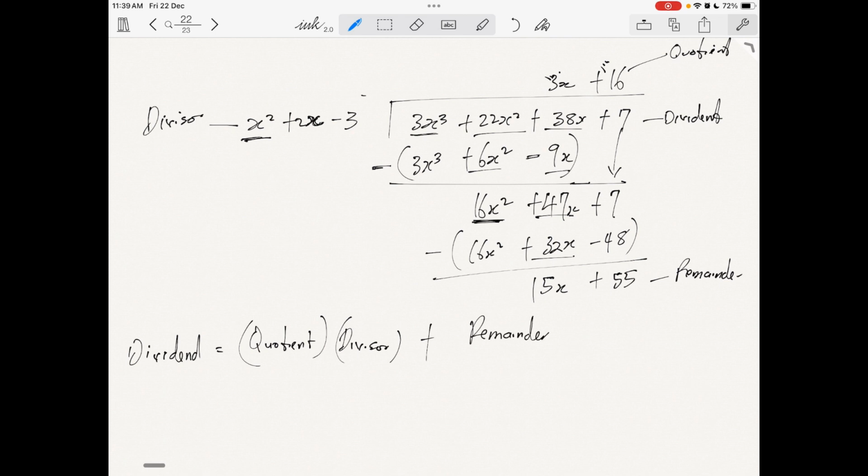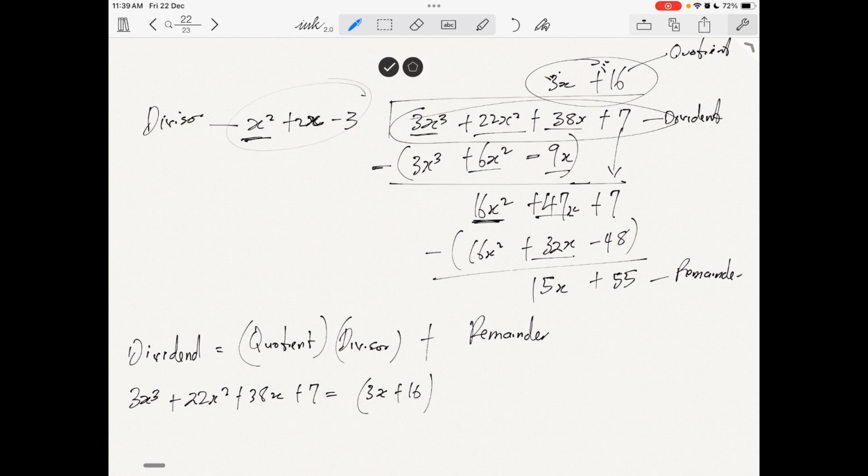So our dividend, 3x cubed plus 22x squared plus 38x plus 7, equals our quotient 3x plus 16 multiplied by our divisor, x squared plus 2x minus 3, plus our remainder, which is 15x plus 55.